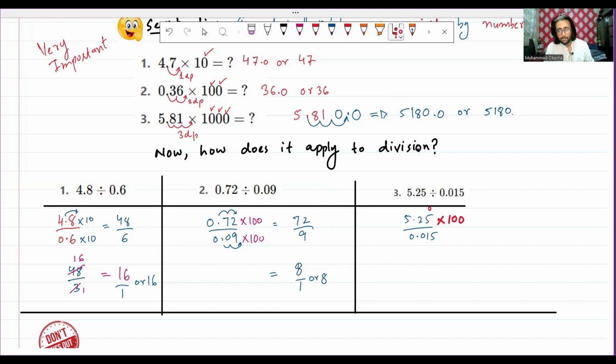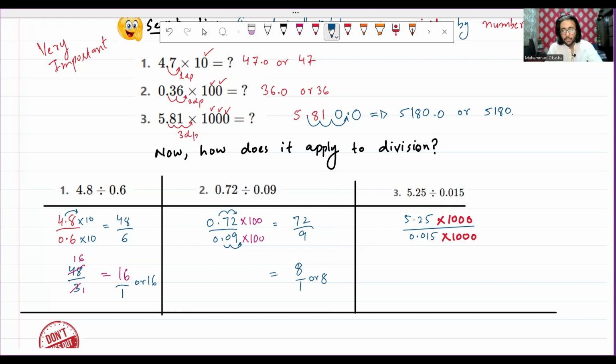But if I multiply the bottom by 100, my decimal point would land over here. I do not want that. So to get rid of the decimal, I need to multiply the bottom by 1,000. So I'll multiply the top by the same number as well. This is really important, okay? You cannot multiply top and bottom by different numbers. Make sure that you're using the same number for the top and the bottom.